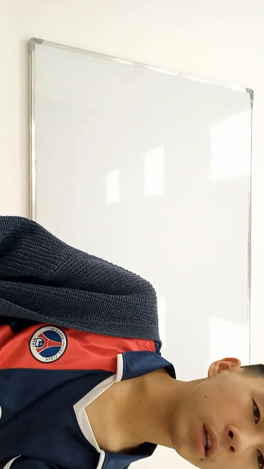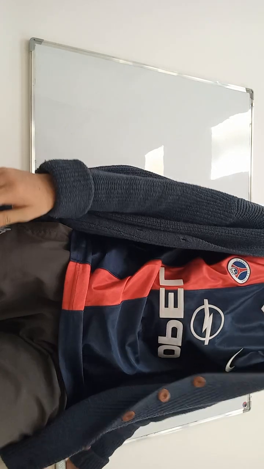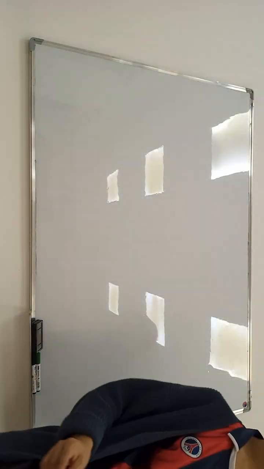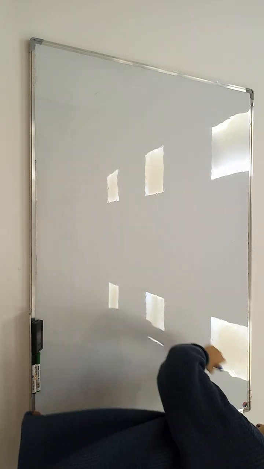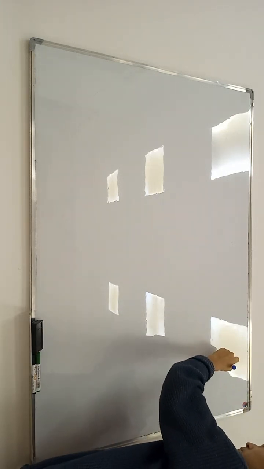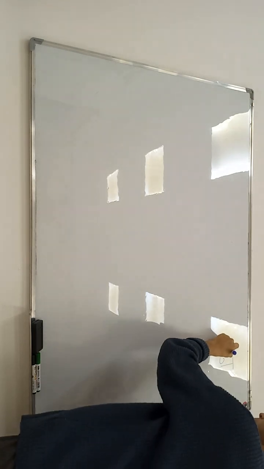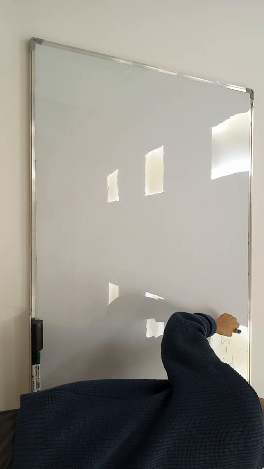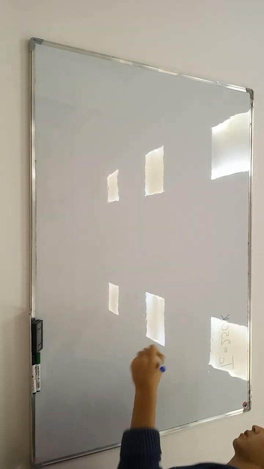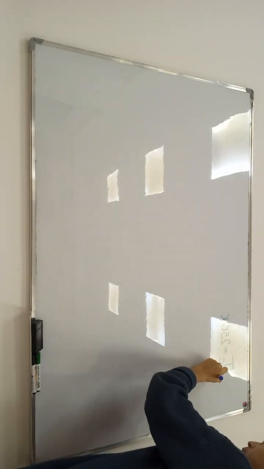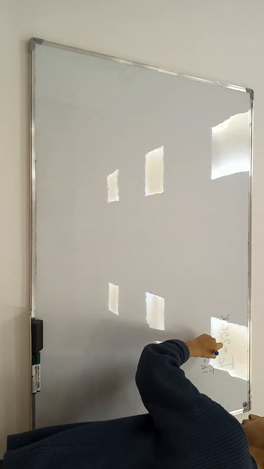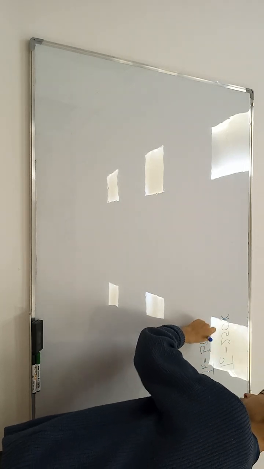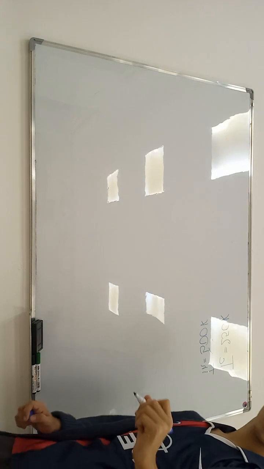Okay, let's solve this. We have two reservoirs. The first is the low temperature one, which I mark as T cold, 250 kelvins, and the high temperature reservoir is T hot, 500 kelvins.